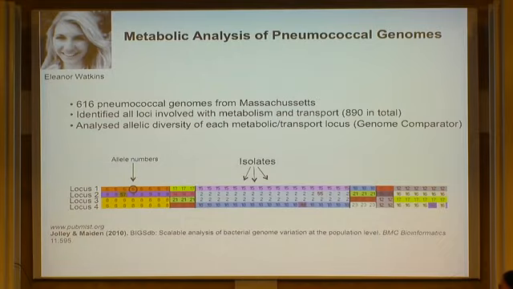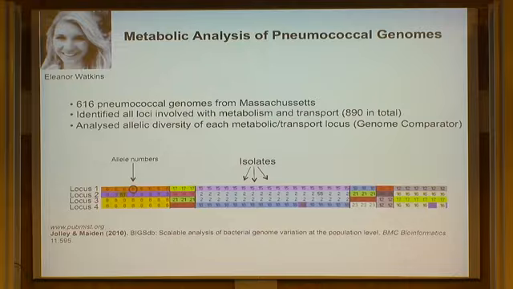But essentially, one of the things you might be questioning is why are we calling an ST a metabolic type? Now, there's no doubt that the housekeeping genes are involved in metabolism, but in what sense do they constitute a metabolic type? To answer that question, Eleanor Watkins performed this extraordinary feat this summer, also to answer some referees who were looking at this paper, wouldn't believe us, for good reason perhaps.